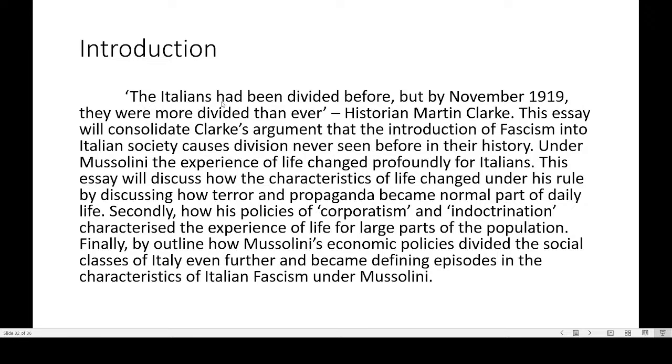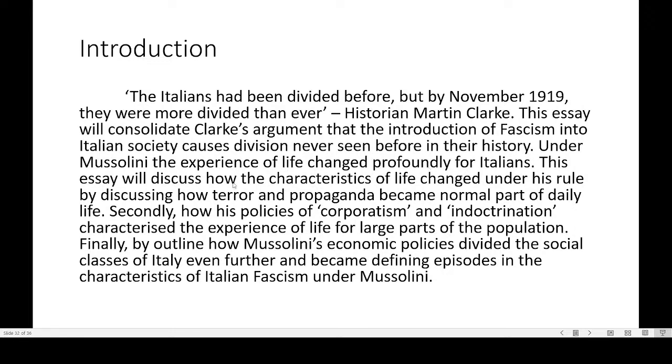The Italians had been divided before, but by November 1919, they were more divided than ever. Historian Martin Clark. This essay will consolidate Clark's argument that the introduction of fascism into Italian society caused division never seen before in their history. Under Mussolini, the experience of life changed profoundly for Italians.